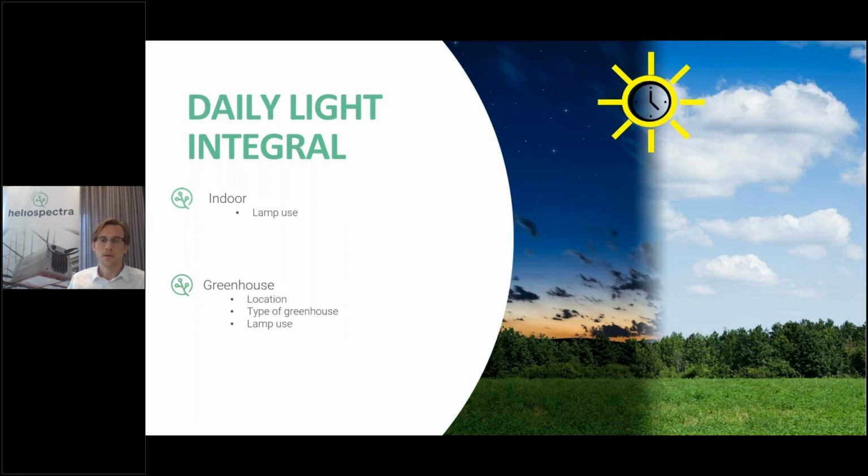It's perhaps a good thing to use a sensor and log measurements over time, and you can capture all these variations and have that logged instead. But the daily light integral, the DLI, is a concept that is very central in horticulture, so it's something that you should keep track of.